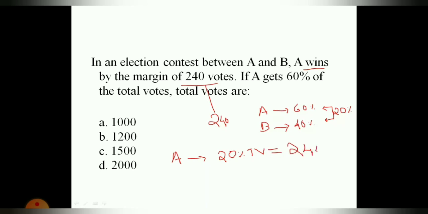So 20% of TV, which stands for total votes, so total votes is equal to 240 into 100 by 20, which is equal to 1200. Yes, option B is the right answer here.